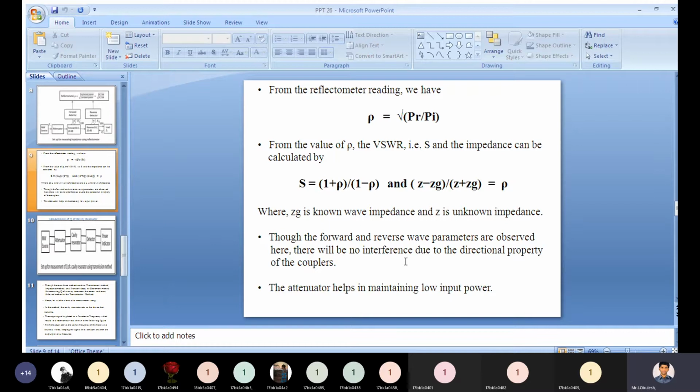From the diagram, we have forward and reverse blocks. Through the forward and reverse wave parameters, there is no interference between them, due to the directional property of the couplers.